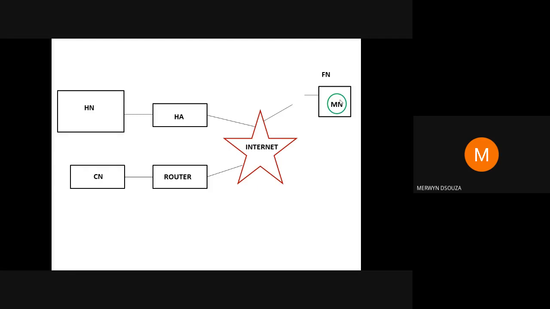The main purpose of these solicitation messages is to find a foreign agent. A mobile node is allowed to send 3 solicitation messages as soon as it enters the network, and I think they must have found out that sending 3 solicitation messages is quite good enough to find the agent.